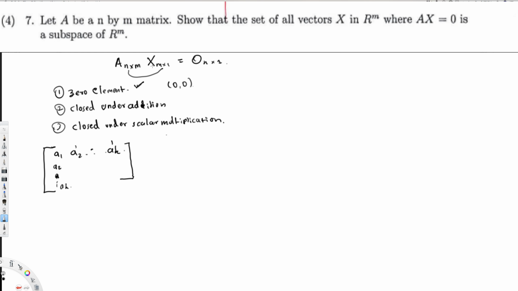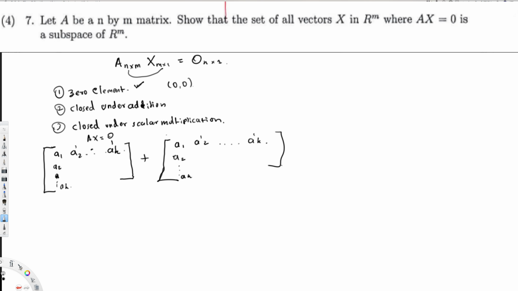If this is true, then Ax equals 0. If I take this one multiplied with x, it should be equal to capital 0. Then to prove it's closed under addition, I take the exact same one and add, then see if it's true. Or you can take a different one too. It's still going to give the same answer.